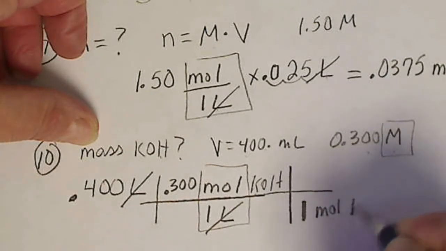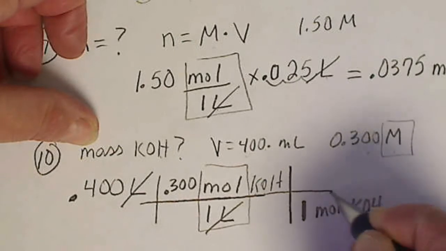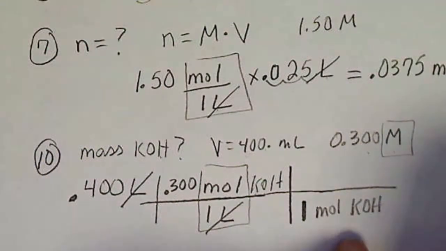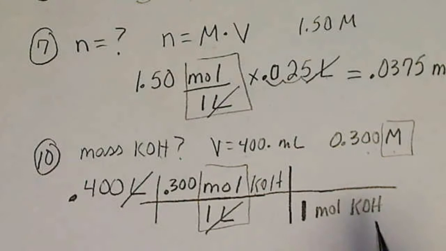1 mole of KOH weighs what 1 potassium weighs, plus 1 oxygen, plus 1 hydrogen. And potassium weighs 39.1, plus oxygen weighs 16, plus hydrogen weighs 1.008.